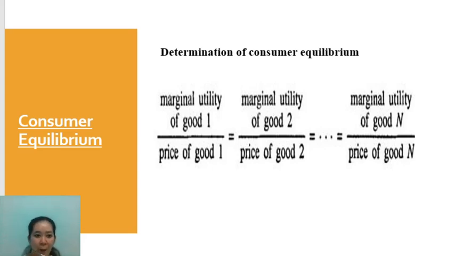So again, aside from the satisfaction or the marginal utility that is being experienced by the consumer, we will also consider the income, if the consumer is still able to afford to buy those goods and services.